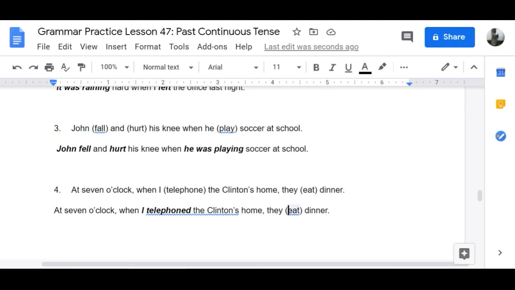They were eating dinner. Okay? At 7 o'clock, when I telephoned the Clintons' home, they were eating dinner. I telephoned the home, okay? Not just a person or Clinton. The home where the Clintons live. Cool.